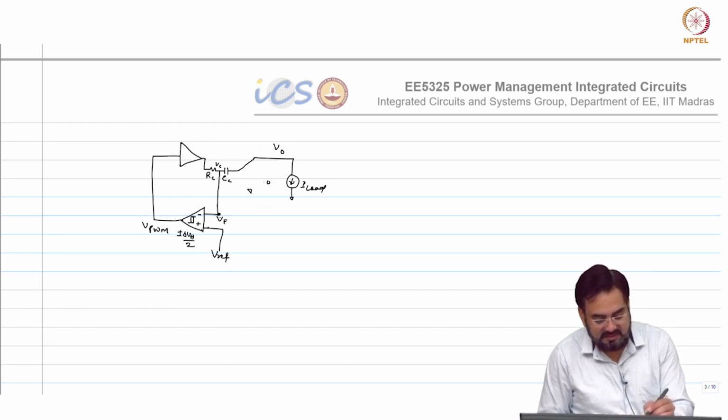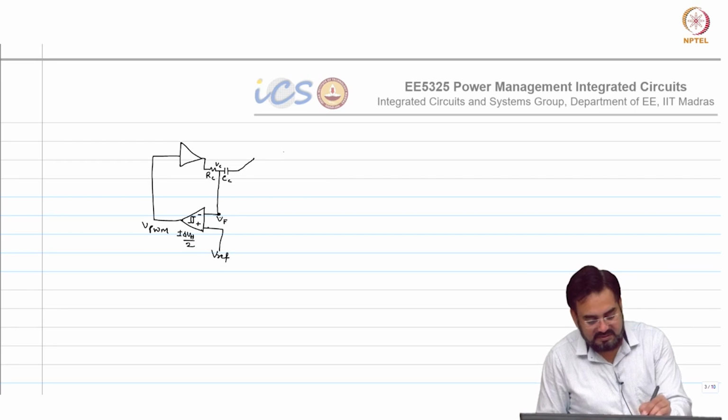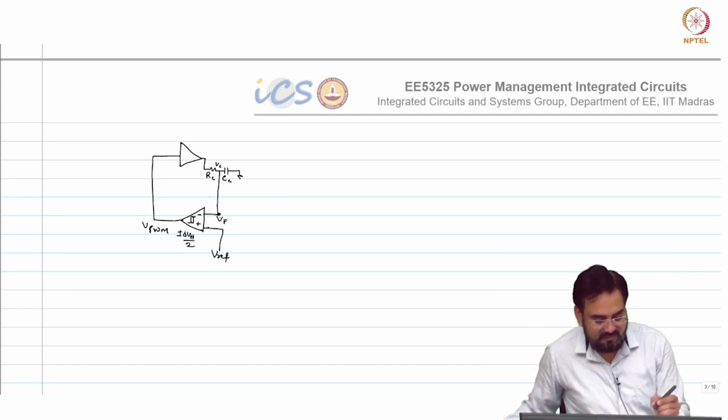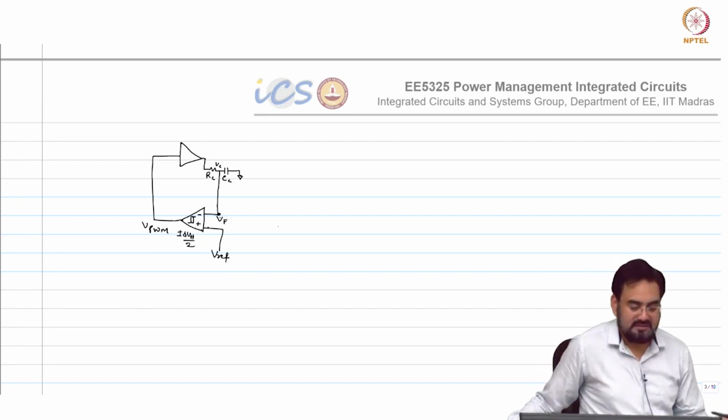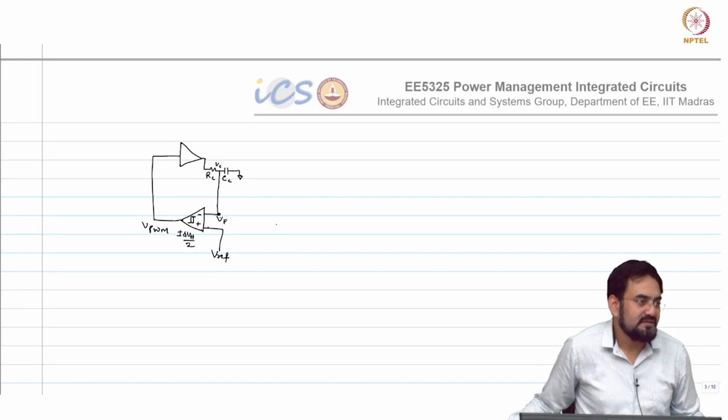If you see, if I remove this whole thing and you consider this as good as ground, because V out is DC, then this will act as an oscillator.